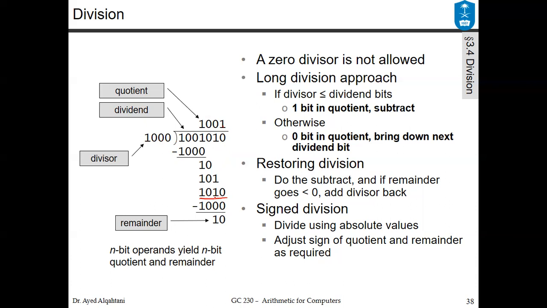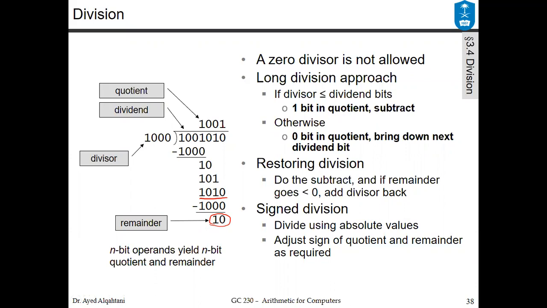Luckily, this time is also okay, because this number is A or 10, and this number is 8, so it generates the final remainder, which is 2. So this is the old way of division, but using binary numbers.